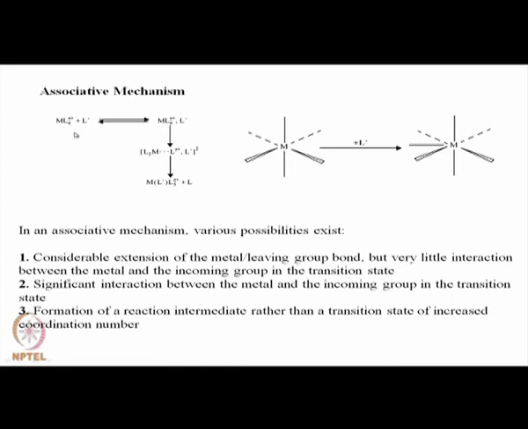So next case, what is happening? It is associative, meaning all the 6 ligands remain over there, then the 7th ligand comes in, and the coordination number increases from 6 to 7. So it is a pentagonal pyramidal shape, from an octahedron.